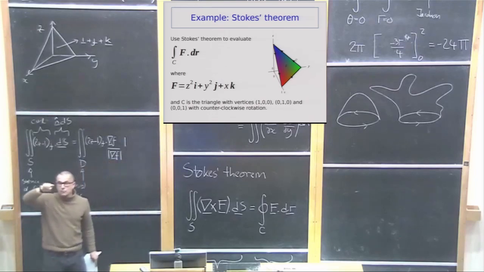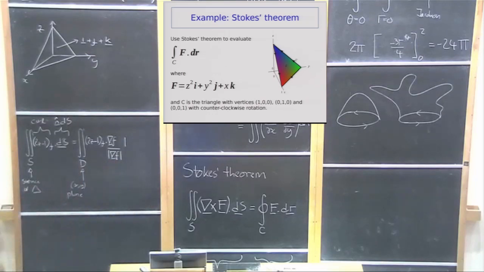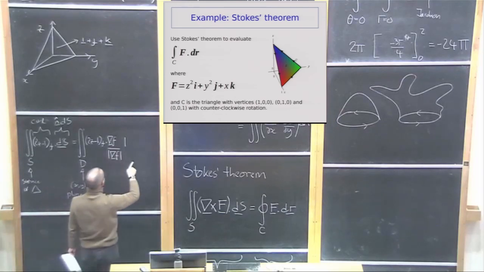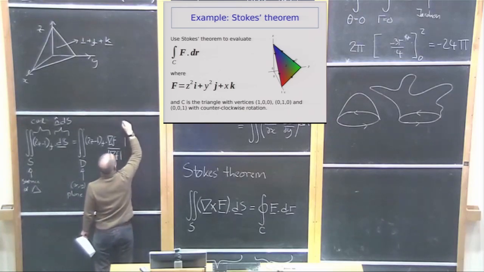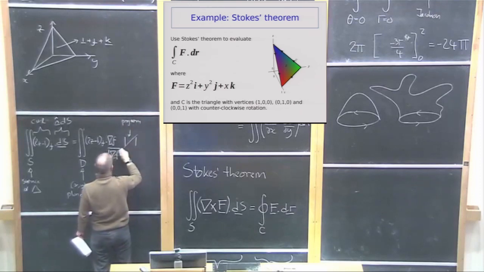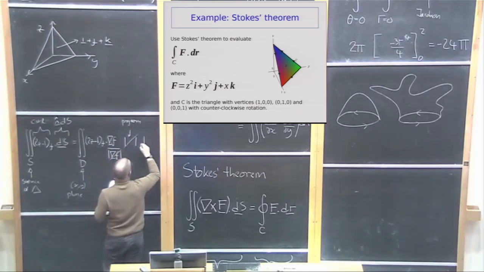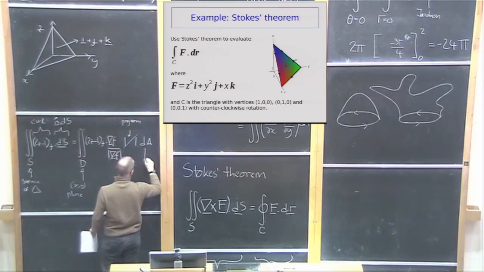You'll recall our projection term, which we did a few weeks ago now, would have been the square root of 1 plus the derivative of f with respect to x squared plus the derivative of f with respect to y squared, which again turns out to be square root of 3. So there's a projection term in here, and that cancels out exactly with that. And then this dA here will end up being dx dy.